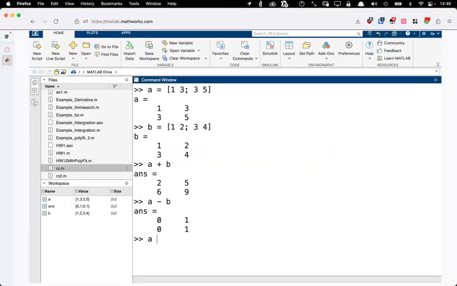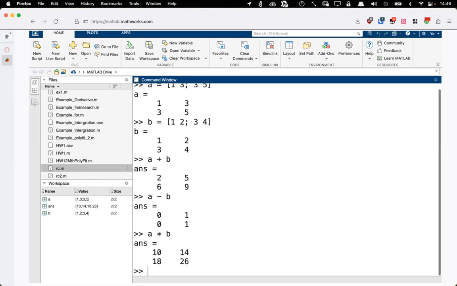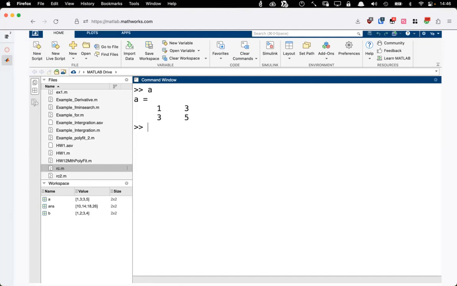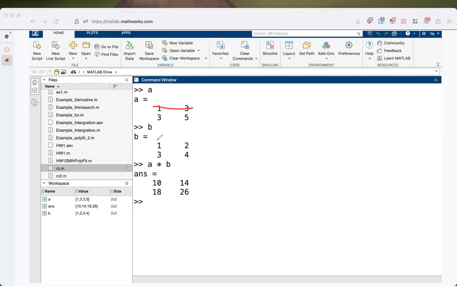So that's multiplication. A times B. Let's clear first. A times B. So now we need to get this. C 1,1, so row 1, column 1: 1 times 1 plus 3 times 3, so we know this is 10.